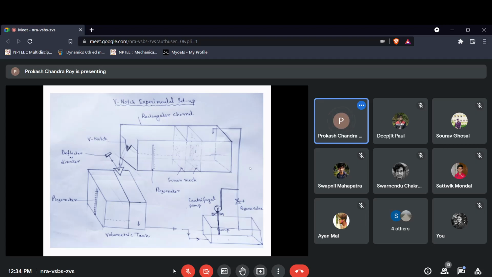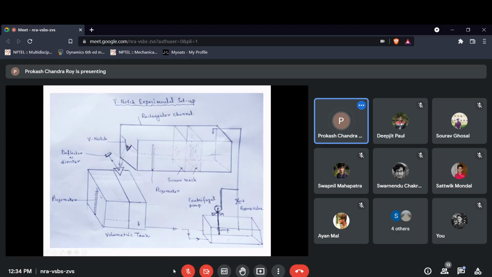But when you collect in this tank, there will be an initial height, and say you take a time of 2 or 3 minutes; within these 2 or 3 minutes there will be a rise in the head.